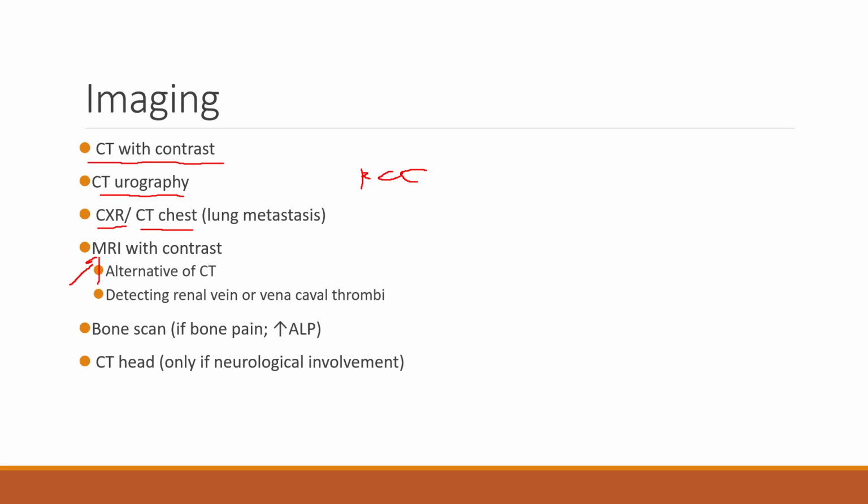If there's decreased renal function, the kidney, which is responsible for producing EPO, erythropoietin, will produce less, so the patient presents with anemia.